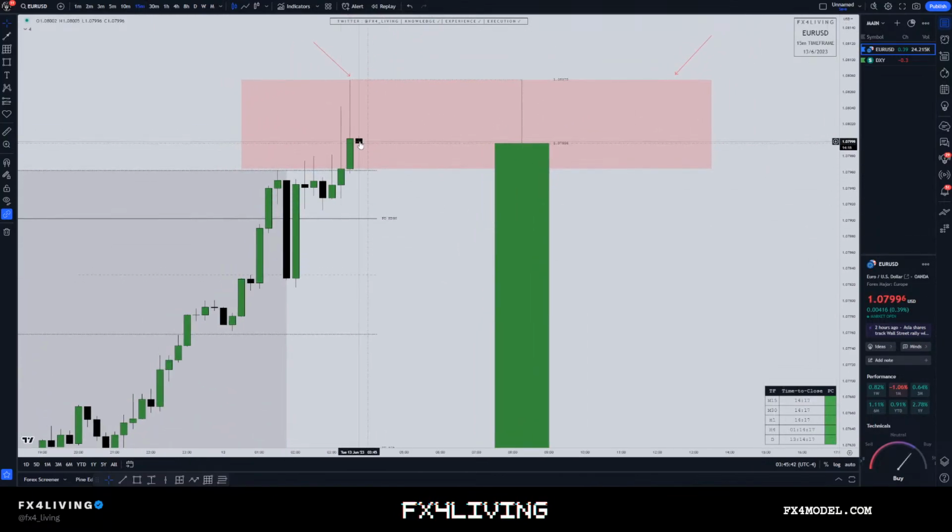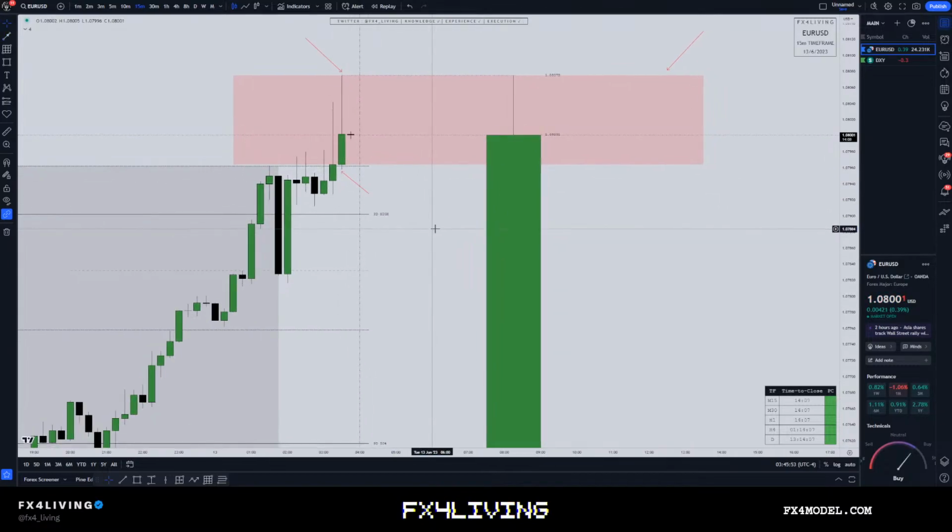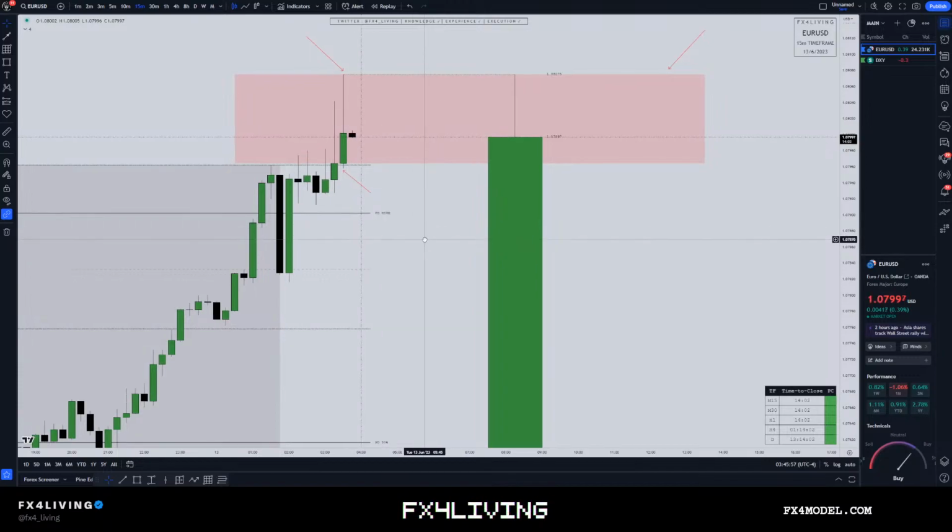So what I would like to see in the 15 minute is the next 15 minute print below this low, right? Is it simple? That's what I want to see. I want to see this candle print below this range, and I want to see the candle close black bearish under this low.